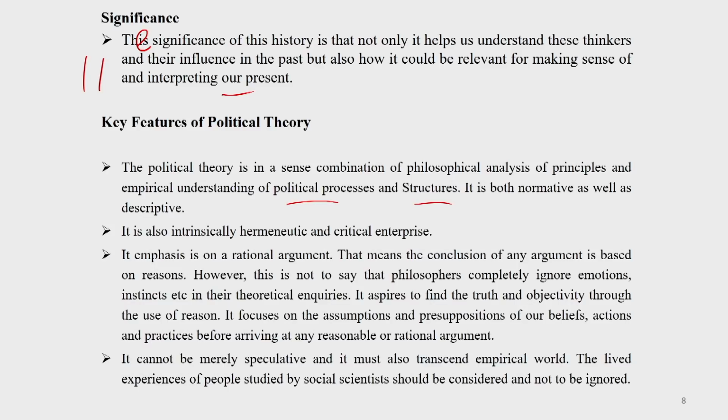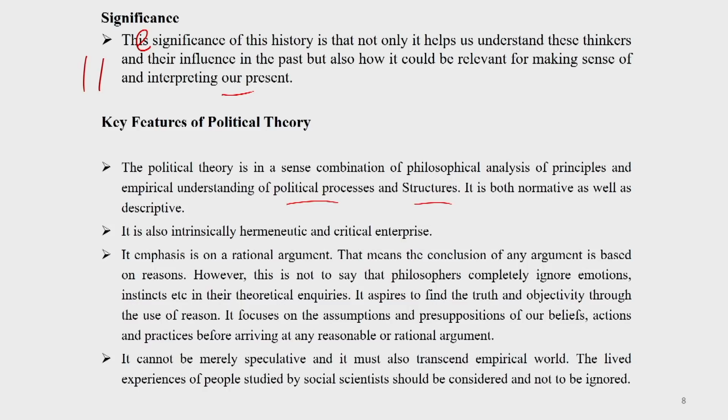So, political theory is no longer merely a contemplative exercise. It deals with the actual real problems in any society, but while doing so it also uses the normative philosophical framework to engage with them, and in that sense it is both a normative discipline and also a descriptive one.